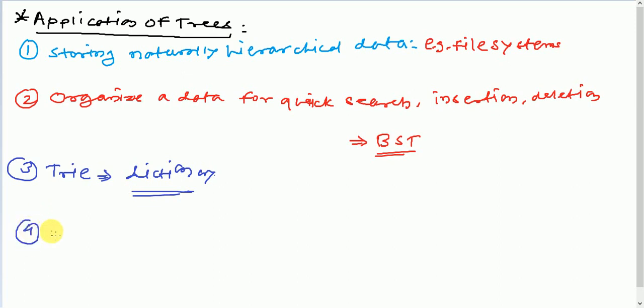Also, trees are used in network routing algorithms. You can see there are many network routing algorithms, and to find routes, binary search trees and minimum spanning trees are used in those different routing algorithms. Okay, so these are a few important applications of trees.